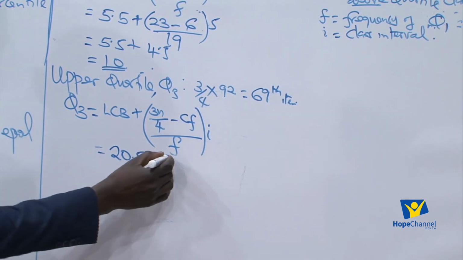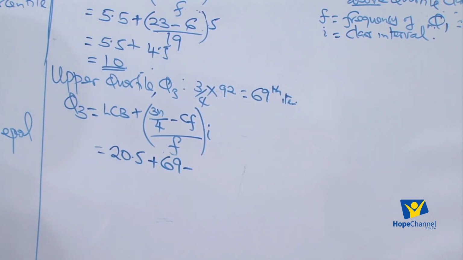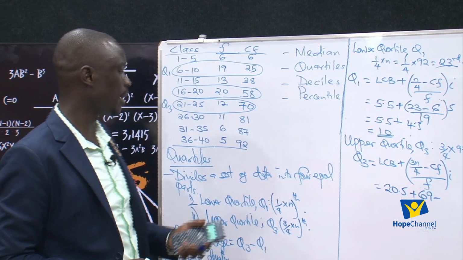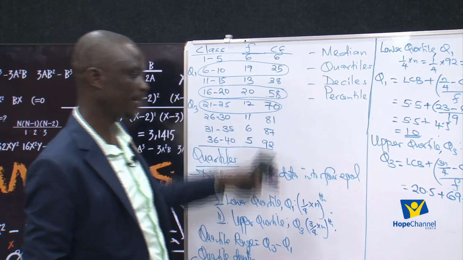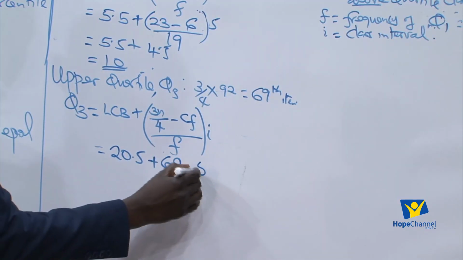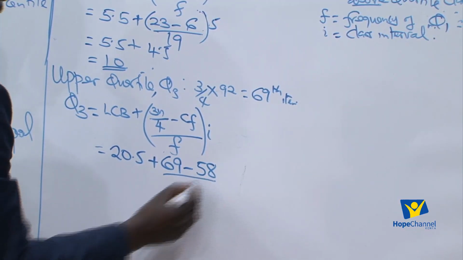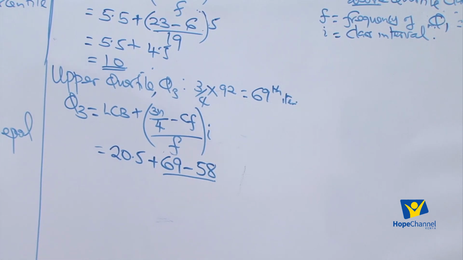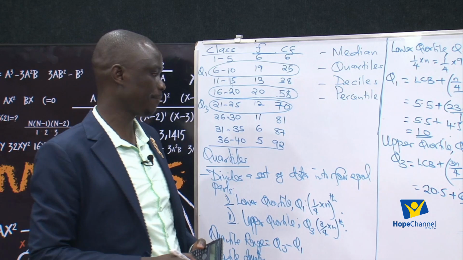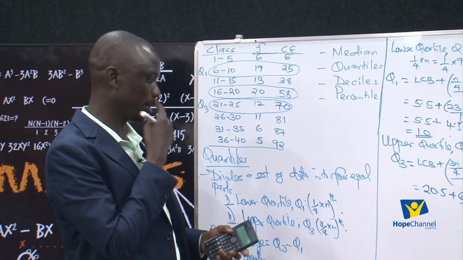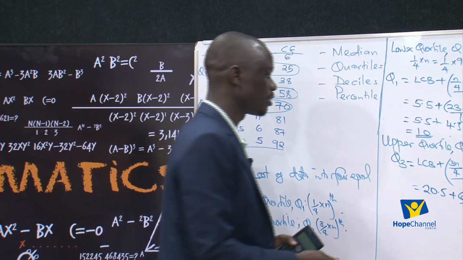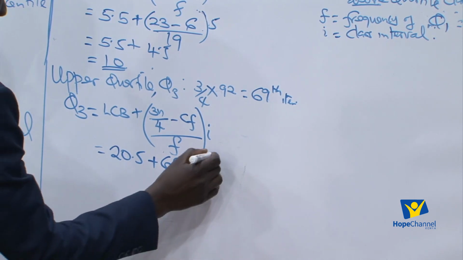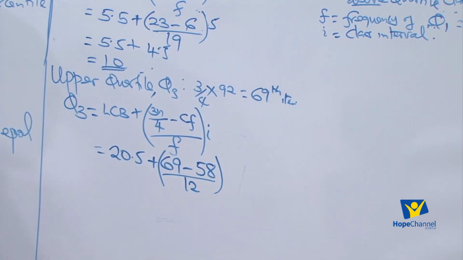So we say 69 minus the cumulative frequency above, CF above, which is 58. We subtract 58, and divide by F, the frequency of that class, which is 12.